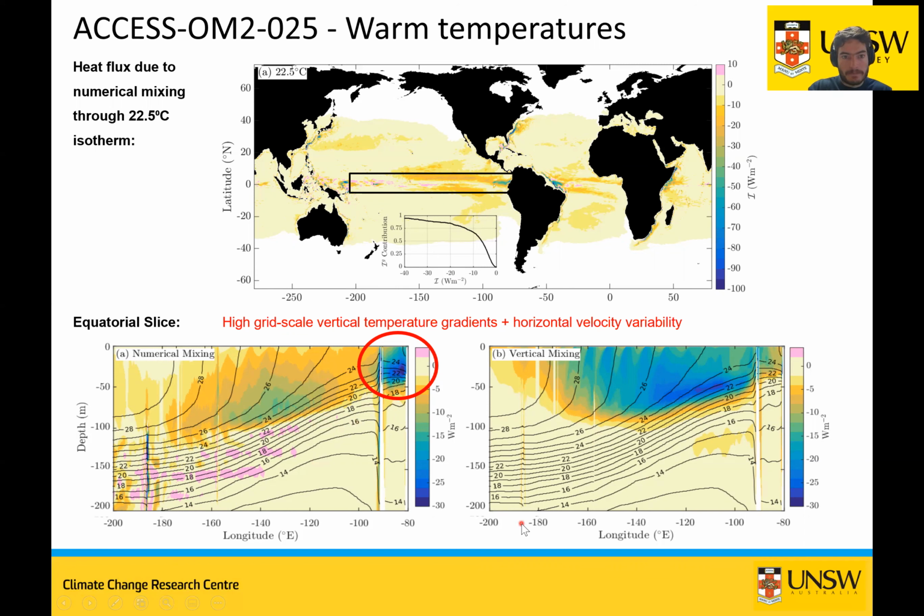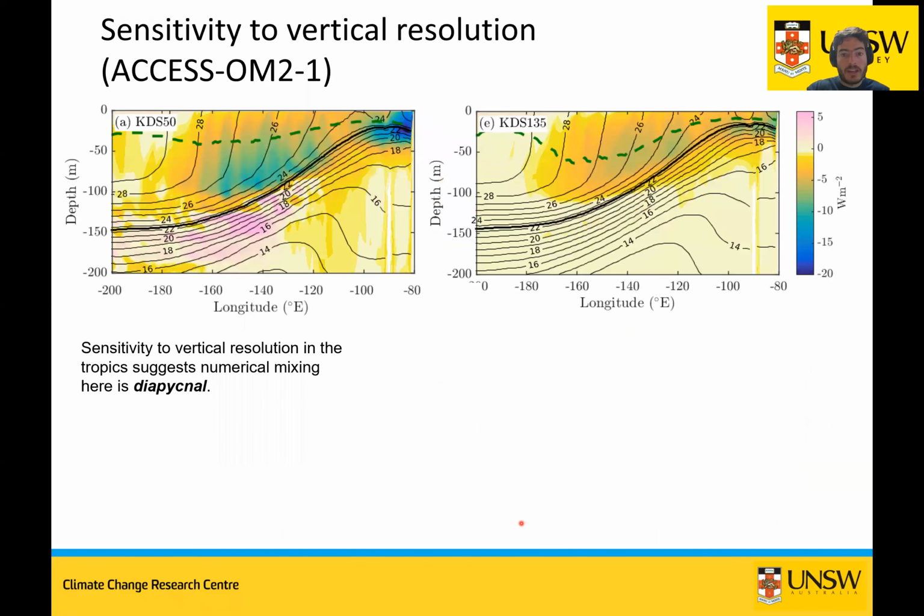I'm not going to go into detail about our sensitivity to parameters, but in this equatorial region, it's particularly sensitive to vertical resolution. We compared a bunch of different vertical resolutions in the 1 degree version of the model. Here's an example with 50 levels on the left, showing the flux due to numerical mixing, and 135 levels on the right, and you can see a reduction.